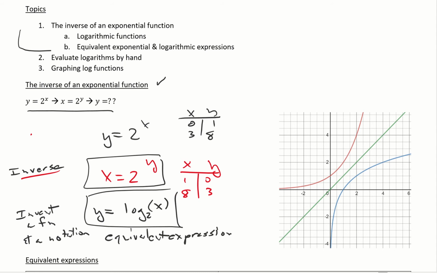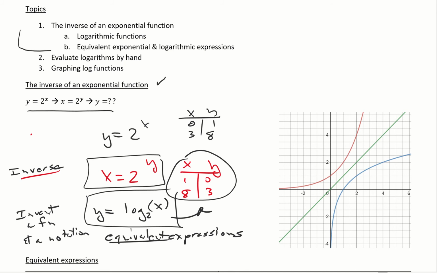And what that means in math, equivalent means if one's true, the other's true. In other words, if x is equal to 2 to the y power, then y is equal to the log base 2 of x. So this one here has the same ordered pairs.